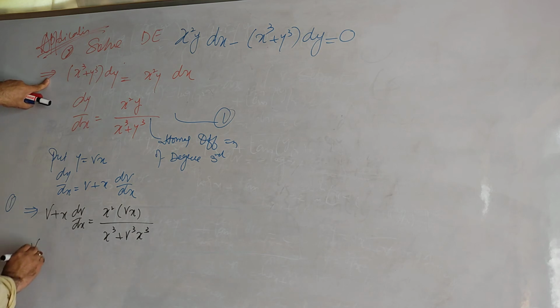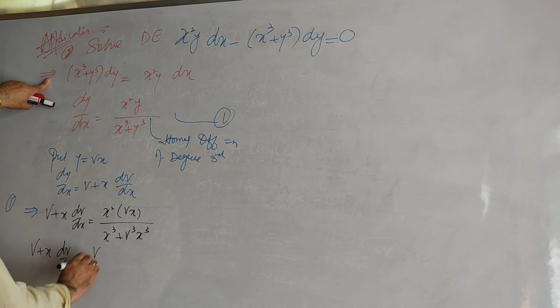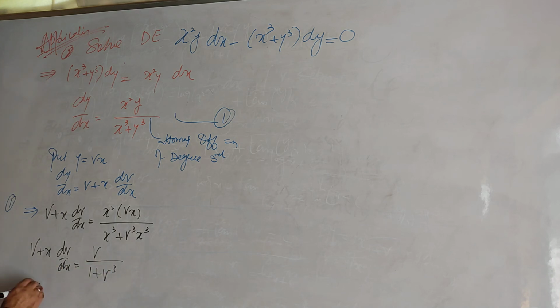This gives v plus x dv by dx is, taking x cube common, v by 1 plus v cube.